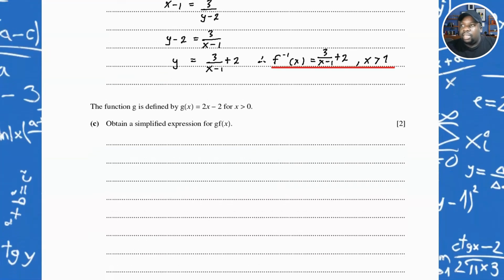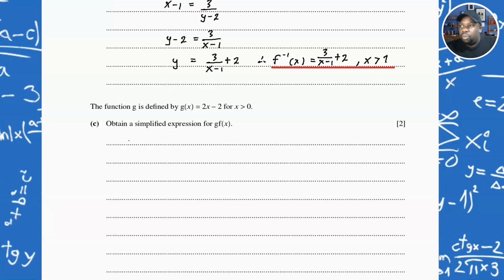Now, it says the function g is defined by g of x is equal to 2x minus 2 for x is greater than 0. So on part C, they say, obtain a simplified expression for g of f of x. Right, so let's answer this particular question here.